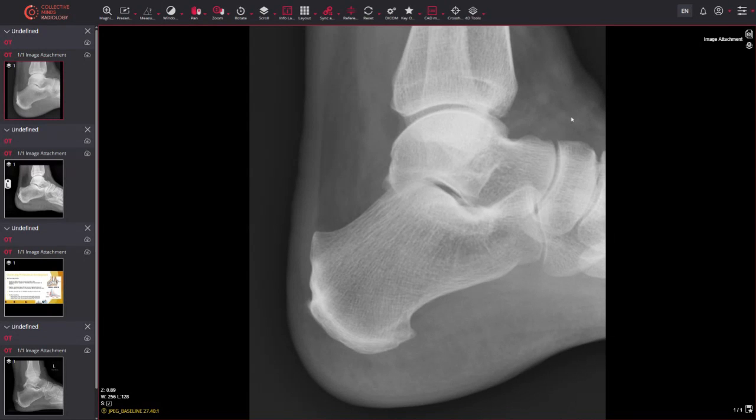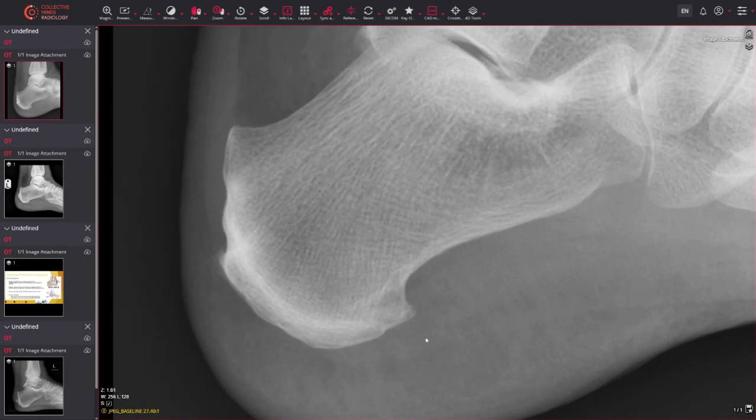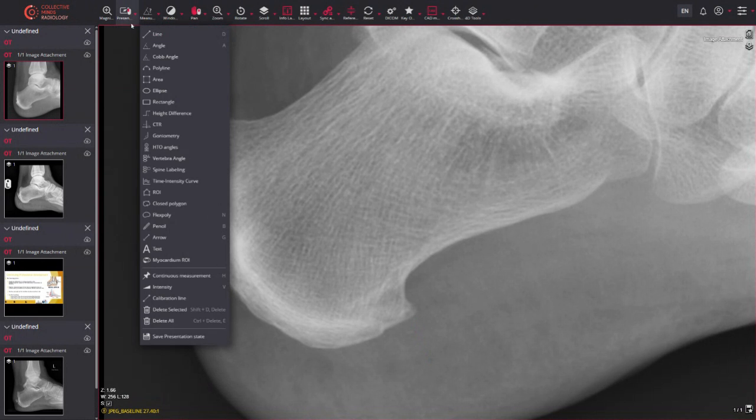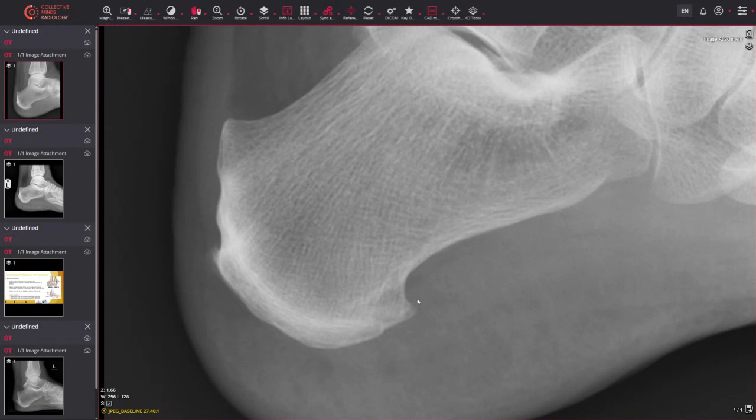So if we look at this first imaging example, if we just zoom in on this area, this is what we're interested in here. So this region at the posterior calcaneum, if we just put some arrows on it, the first thing we're going to focus on is this area here. So along this area, if we just draw a line, we've got something called the plantar fascia or plantar aponeurosis.